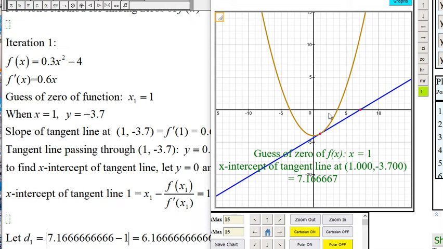Initially we guessed it to be 1. And so in the next iteration we let the guess of the zero of the function be the 7.1667 right here. Then we find the corresponding y, which is right here, and draw the tangent line at this point.